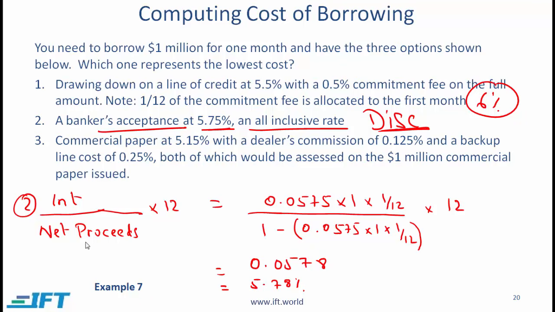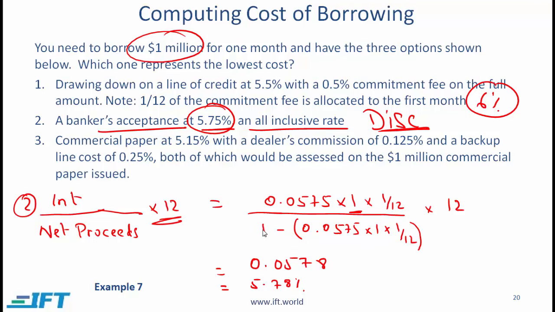Here is how we calculate the effective rate. It's the interest divided by net proceeds into 12 times 12 because we are annualizing. Interest is 0.0575, that's this rate, multiplied by the amount 1 million times 1 over 12 because the interest is being paid for 1 month, divided by net proceeds.